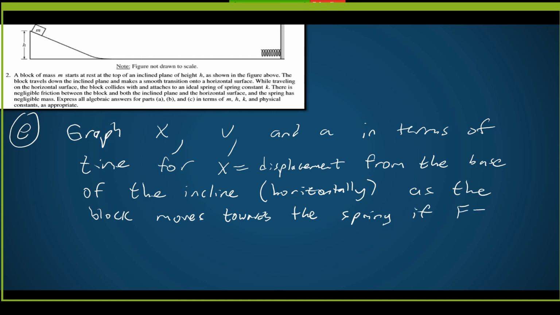If F equals beta V squared is a resistance force opposing the block's motion.